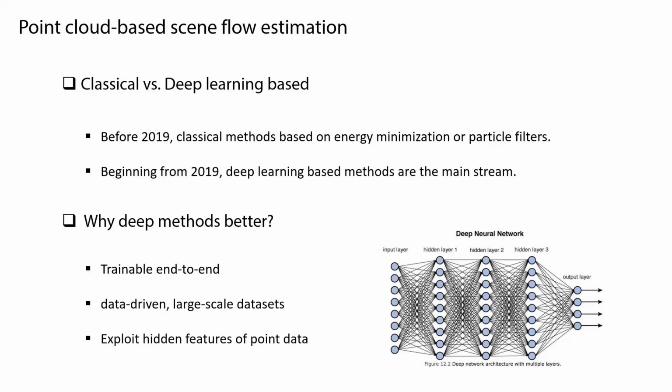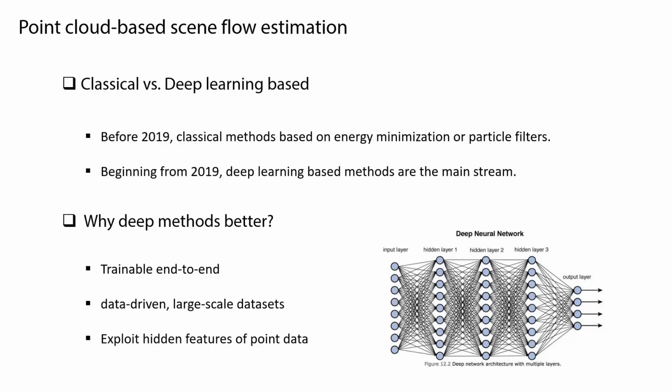Here you may want to ask a question: why are deep learning-based methods better? Why should everybody research them? Here are three main reasons. Deep models can be trained in an end-to-end manner. We don't need to work on feature engineering or design complicated classifiers.